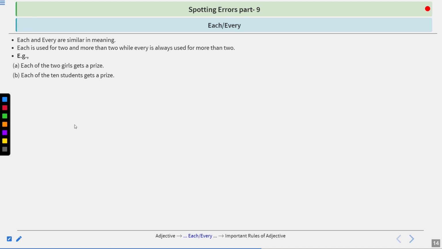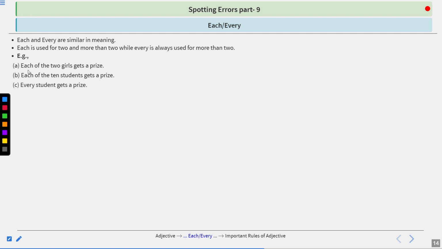So in these two sentences, where we have used each, it is not acting as an adjective, but it is acting as a pronoun. With this structure, each acts as a pronoun.